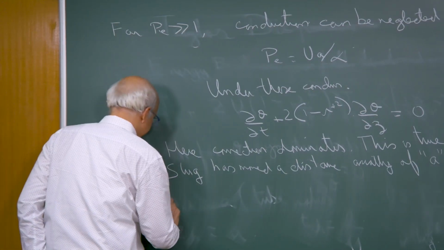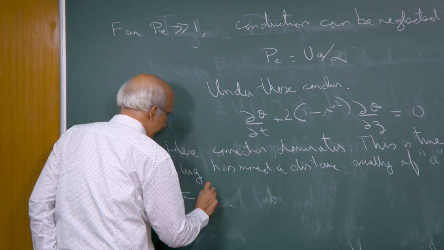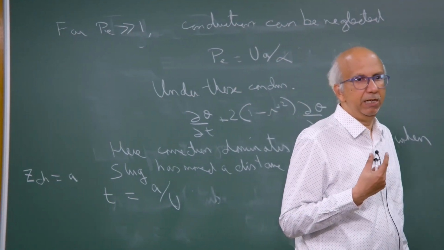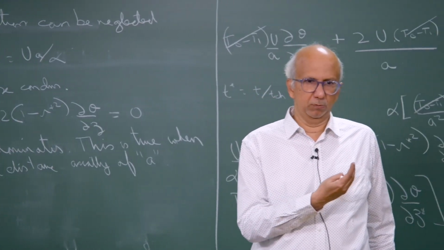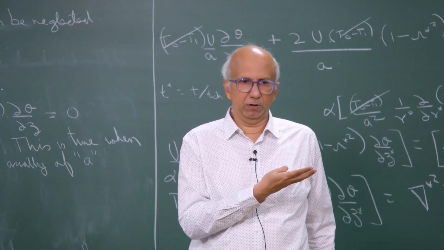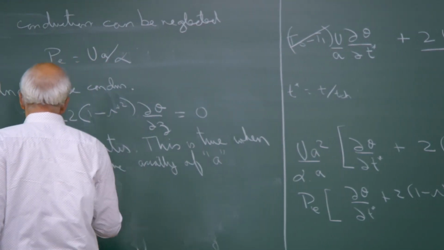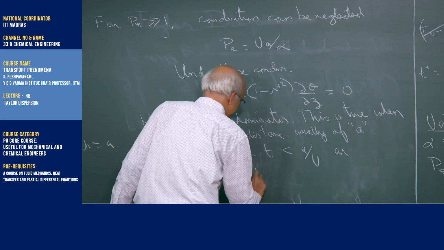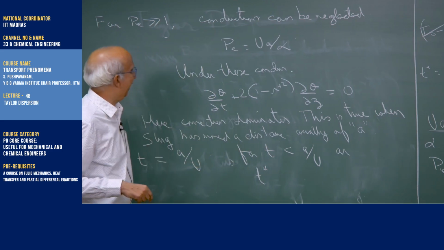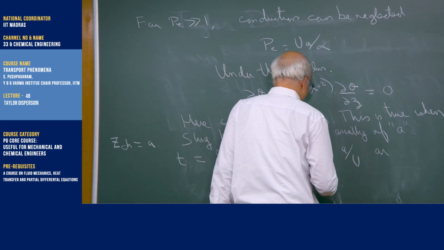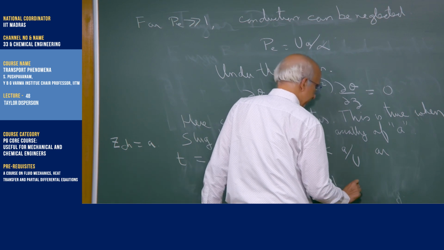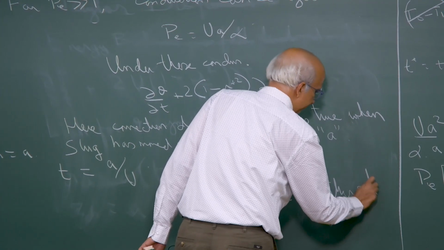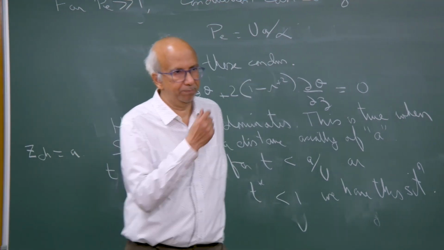This is for t is going to be A divided by U. So, only for this initial time when t is less than A by U, where A is the horizontal distance moved and U is the horizontal velocity. So, only for t less than A by U, or t star, which is t divided by t characteristic, less than 1, we have this situation. Okay.